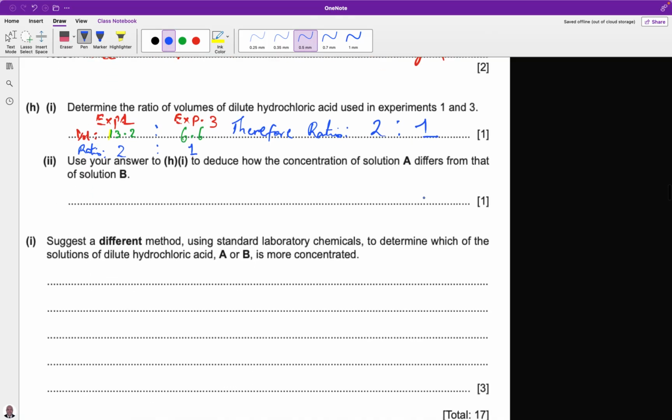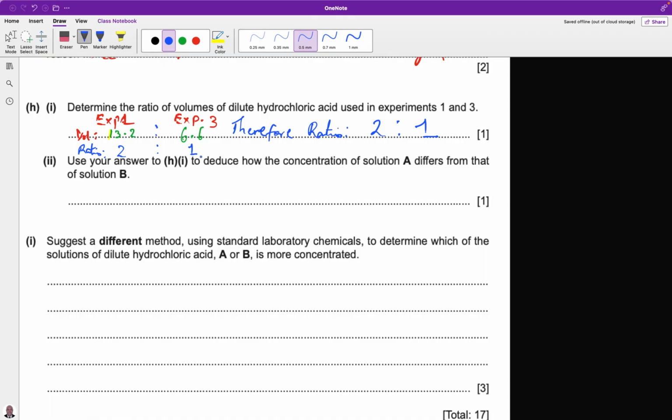Okay, use your answer of H1 to deduce how the concentration of solution A differs from that of solution B. You now know experiment 1 has a ratio of 2, and experiment 3 is 1.